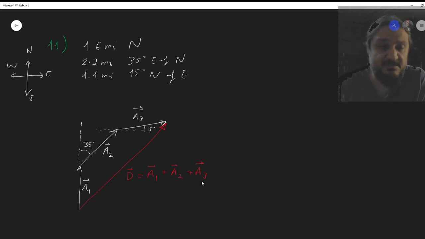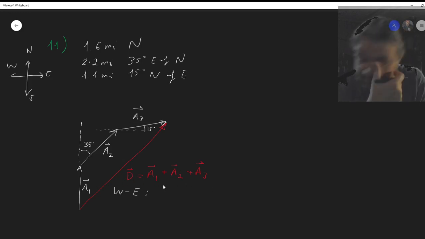Or you can just call it the east-west direction and write the equation, and then do the north-south. I'll leave that to you. Okay, both are okay.